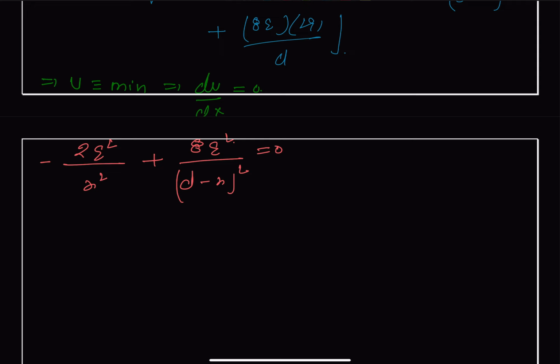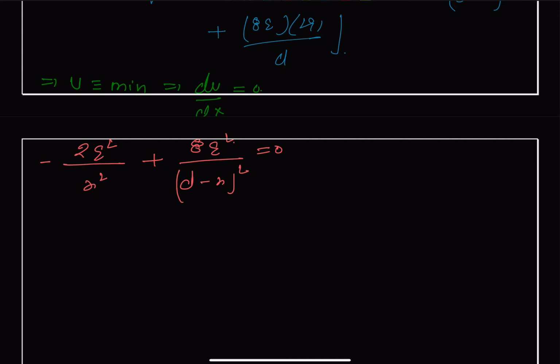Now it is quite simple calculation. We can take 2Q square as common. Obviously 2Q square cannot be equal to 0.